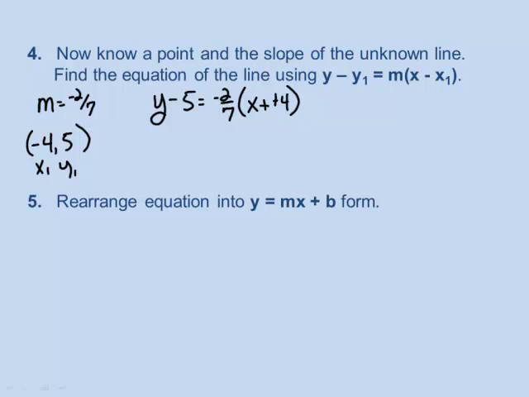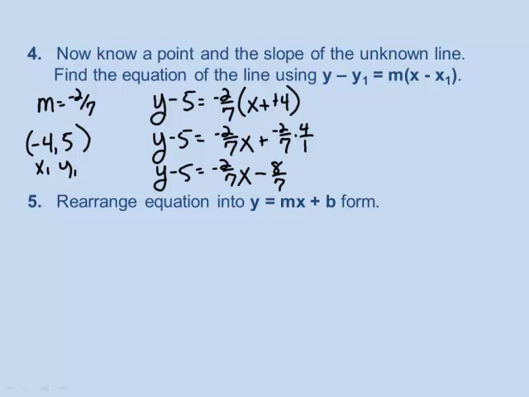Double negative is a positive, so distribute. We've got y minus 5 is equal to -2/7 x plus -2/7 times 4, or 4 over 1, will give us y minus 5 is equal to -2/7 x minus 8/7.